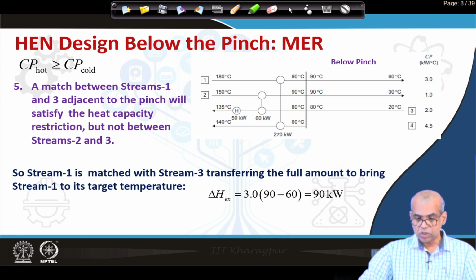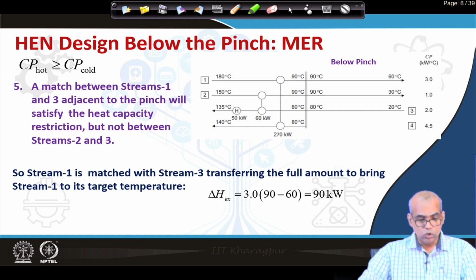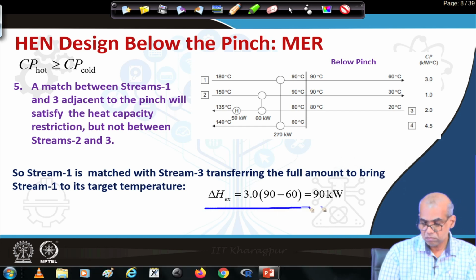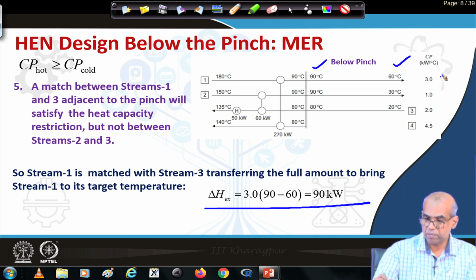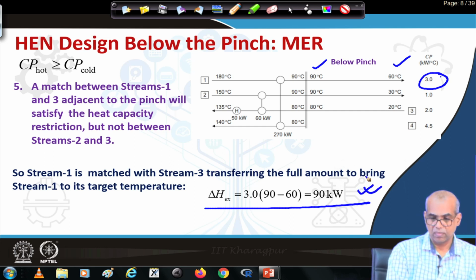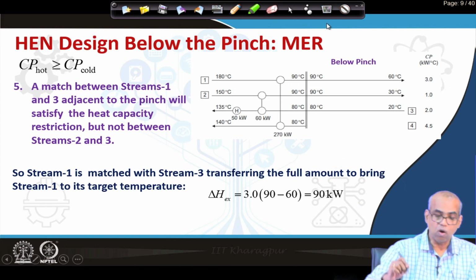So, when I match stream 1 and stream 3, if I transfer the full amount of heat to bring stream 1 to its target temperature, what is the delta H value? That is 90 minus 60 multiplied by 3. So, that gives me 90 kilowatt of heat. So, bringing stream 1 from temperature 90 degrees Celsius to target temperature 60 degrees Celsius gives me 90 kilowatt of heat.